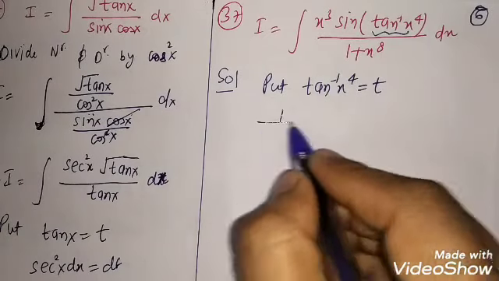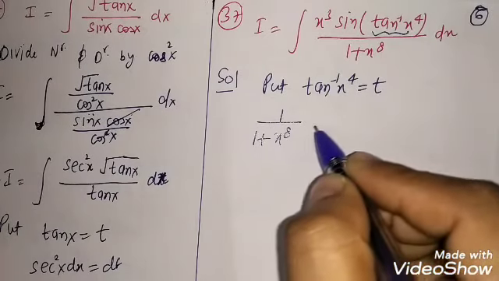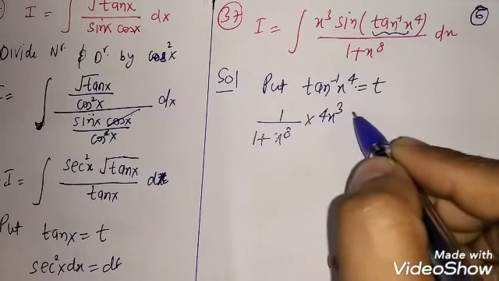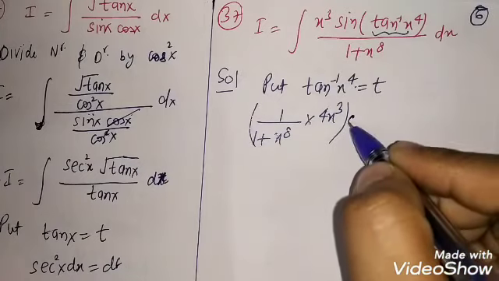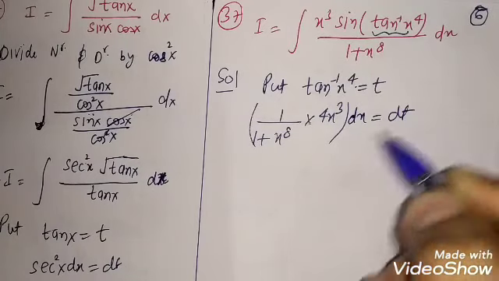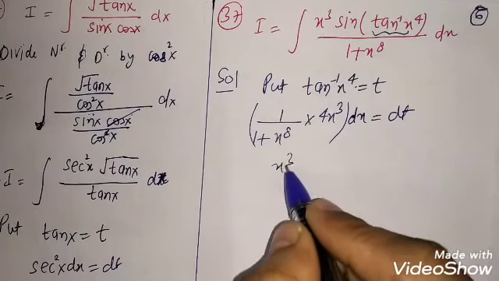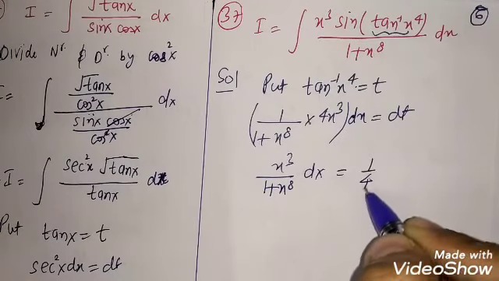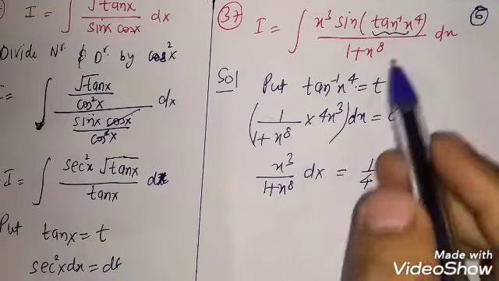Its derivative is 1 upon 1 plus x to the power 8. The derivative of x to the power 4 is 4x cube. I am using the chain rule, so dx equal to dt. Simply we can say x cube upon 1 plus x to the power 8 dx is equal to 1 by 4 dt. Put all the values over here.